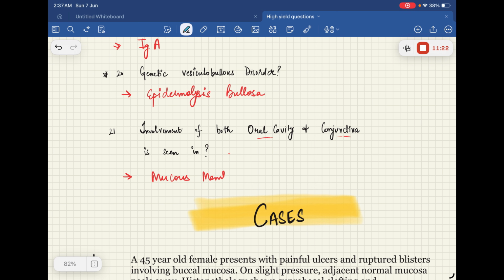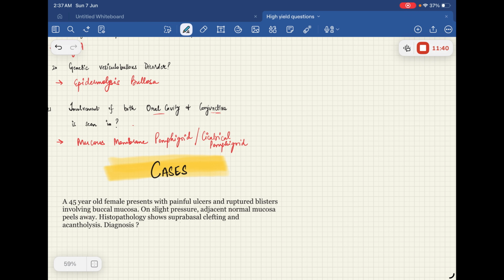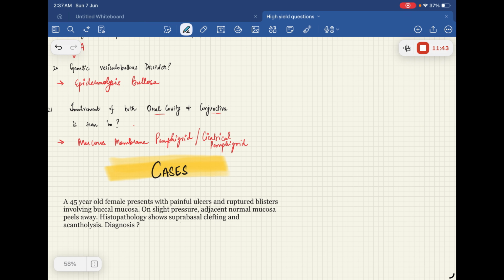Mucous membrane pemphigoid, or cicatricial pemphigoid. Another name was cicatricial pemphigoid. Now a question can come here: which ocular manifestations or complications are seen?